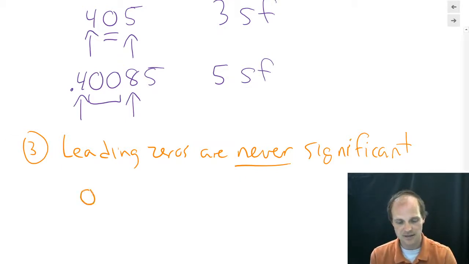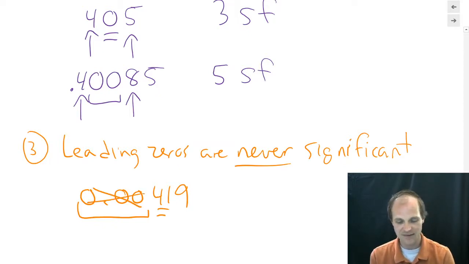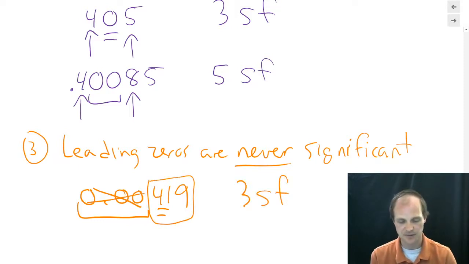So if I write 0.00419, what are these zeros over here? These are the leading zeros. They come before the first significant figure, before the first non-zero digit, which is my 4 there. So these guys, although important, because if I didn't have those two zeros there, I'd have a different number, are not significant, and we're only going to count these guys and say, hey, I've got 3 significant figures.